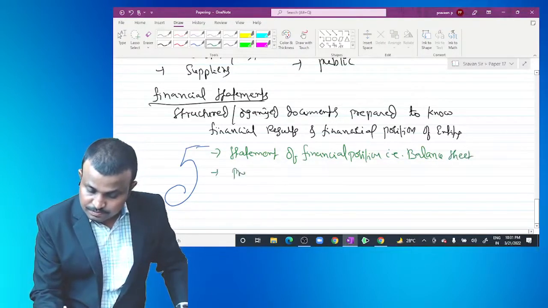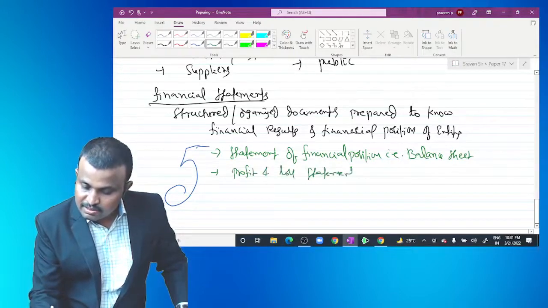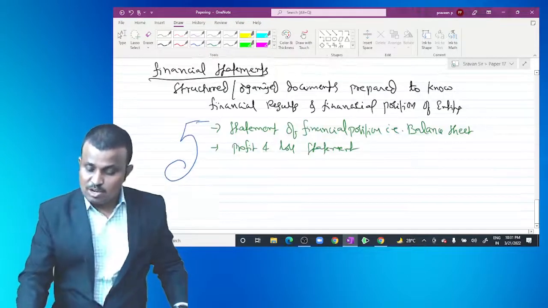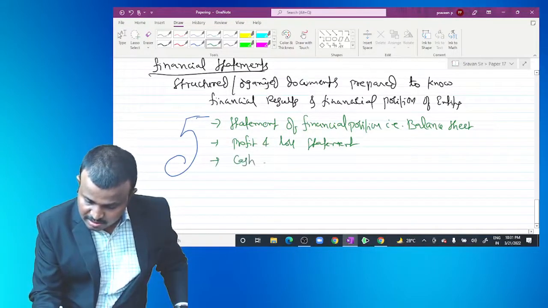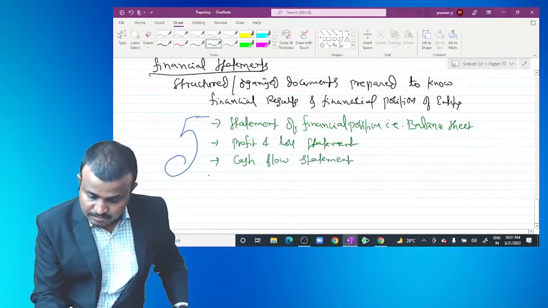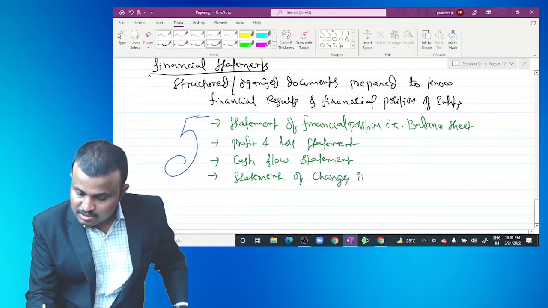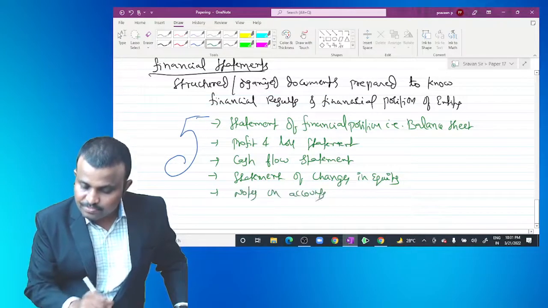Next, the profit and loss statement, prepared for the year ended or for the period ended. The next one is the cash flow statement. Next is the statement of changes in equity. And the last one is notes on accounts.